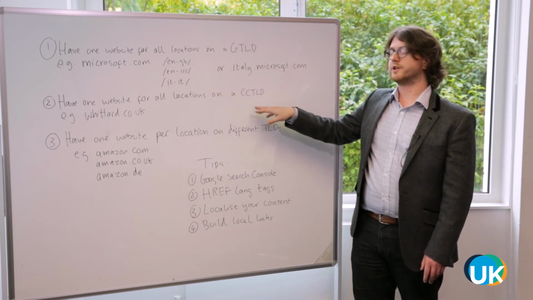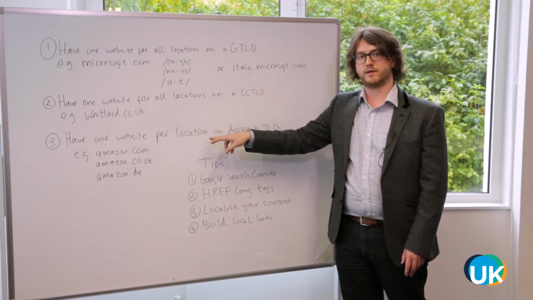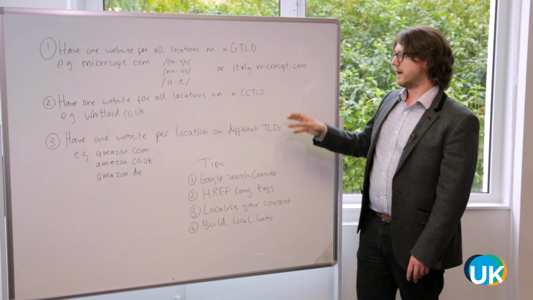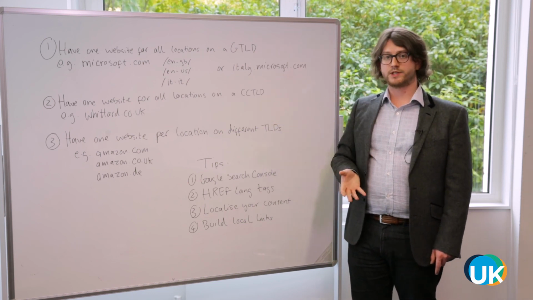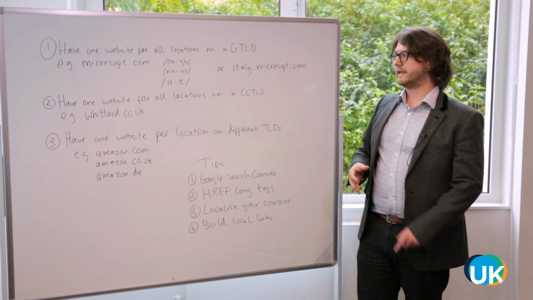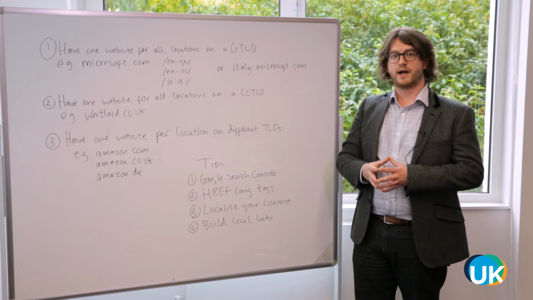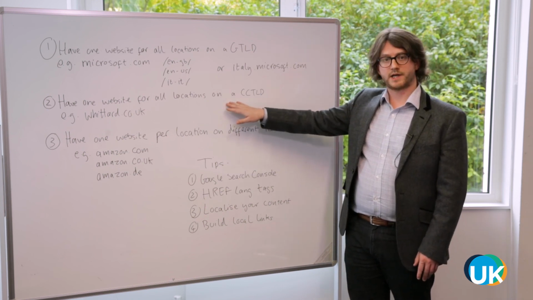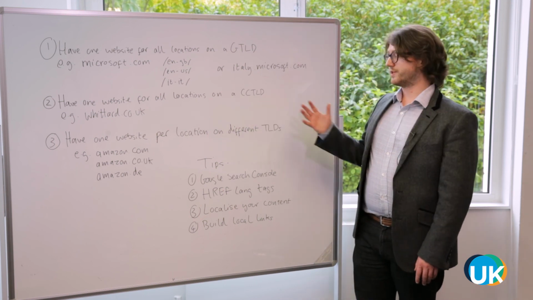Or you may go, well, I've got .co.uk already for the UK, I'm just going to make a new website using a different TLD for the different locations. Again, I can't say one is better than the other. Both have their pros and cons. But if you're targeting the UK for a significant portion of time before you target internationally, you're certainly better off starting with a ccTLD. So hopefully that answers your question.